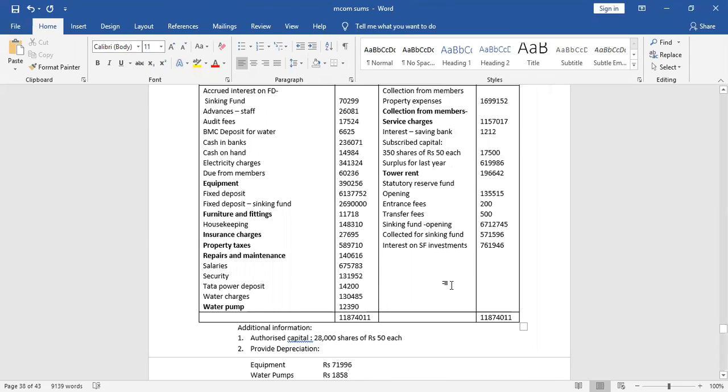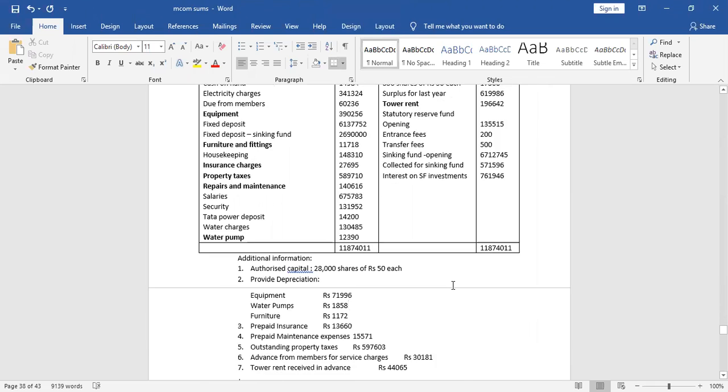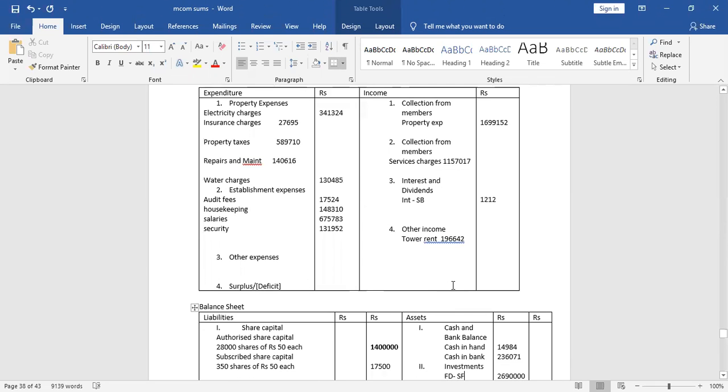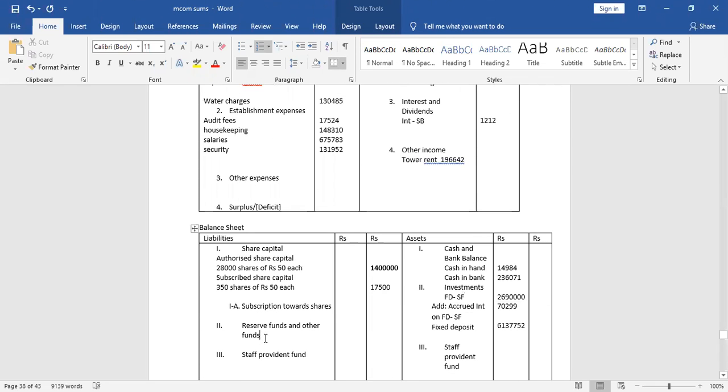Then what we have after this, we have statutory reserve fund opening, entrance fee and transfer fees 135, 515, 200, 500. So I will write here, in reserve fund, statutory reserve fund.